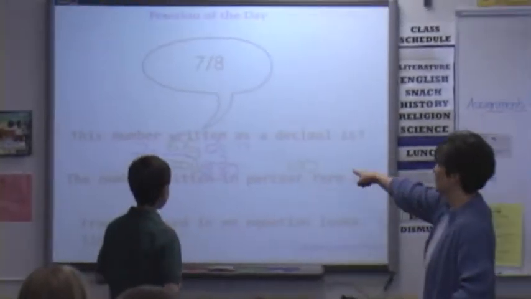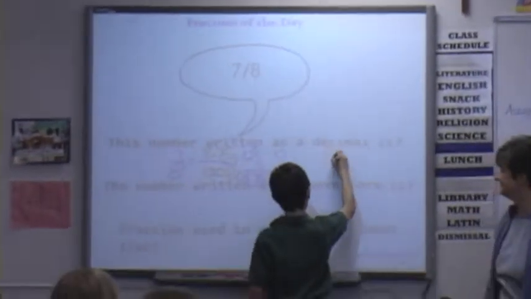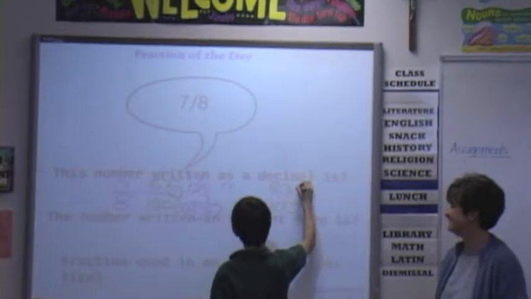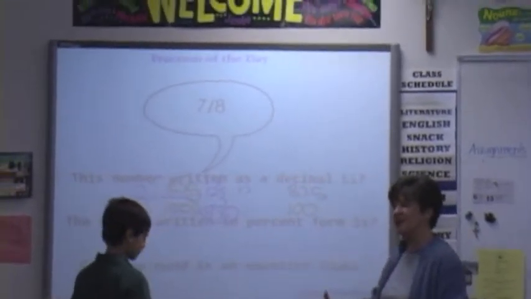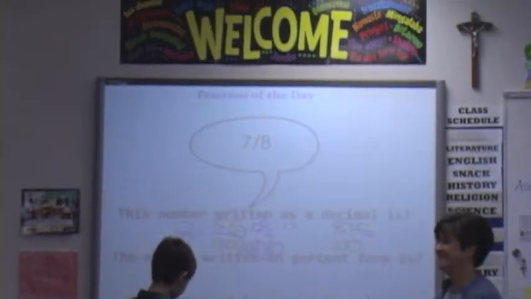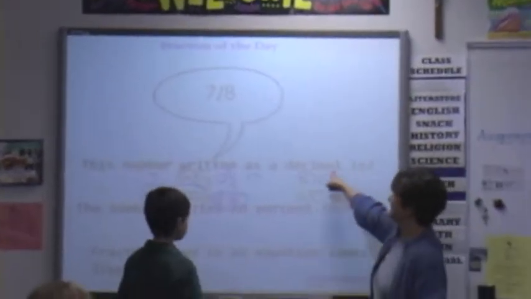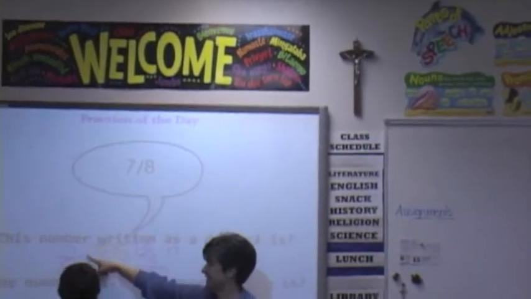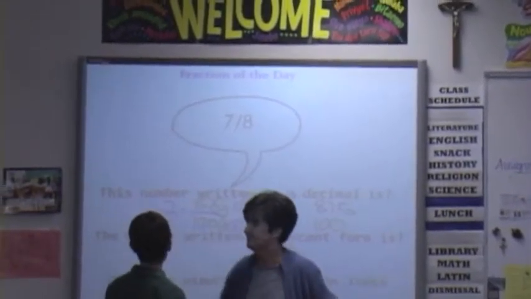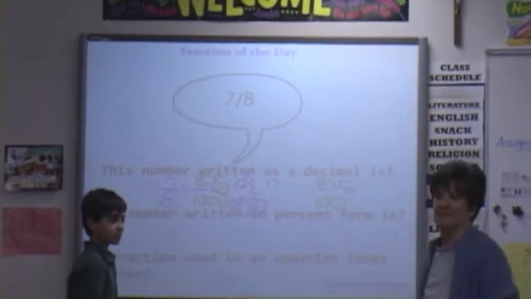So what do we end up with over here? Okay, we've kind of jumped ahead, haven't we? Because did we write it as a decimal first? Here was our fraction. Can we write it as a decimal? Somebody talk to me.